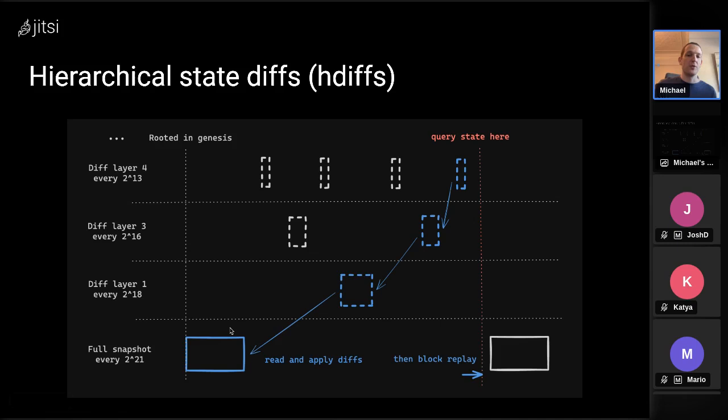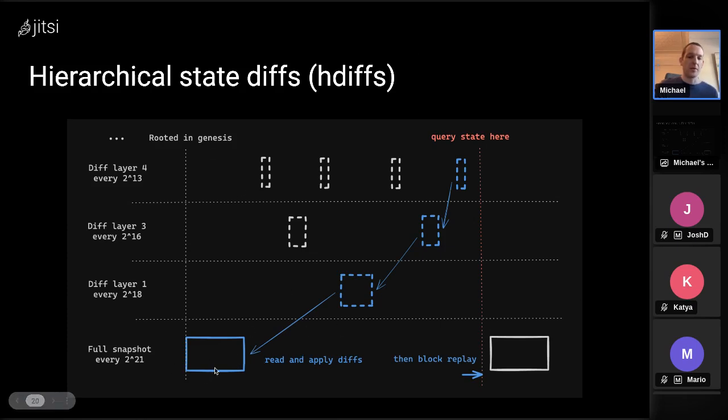So to jump to April 15, you would grab the one for April 15 and apply that diff on top of the April diff, which you'd already applied on top of the snapshot, and then you have the state for April 15. And yeah, that's kind of the concept behind hierarchical state diffs.